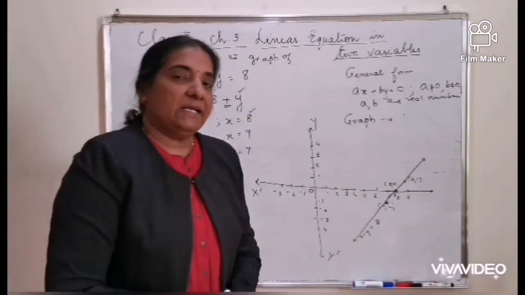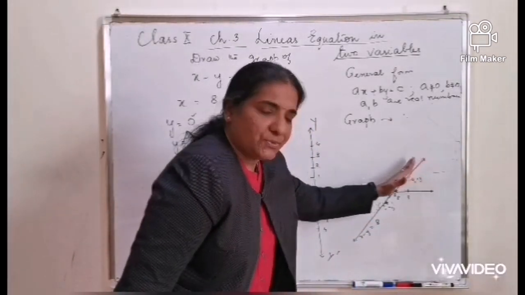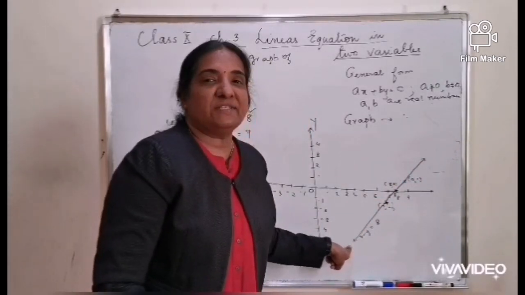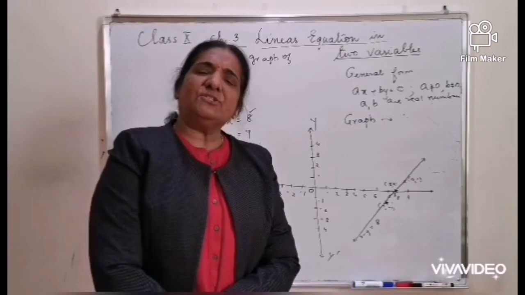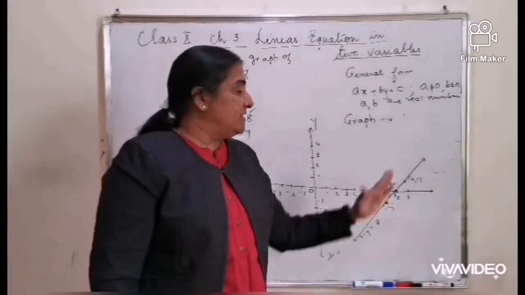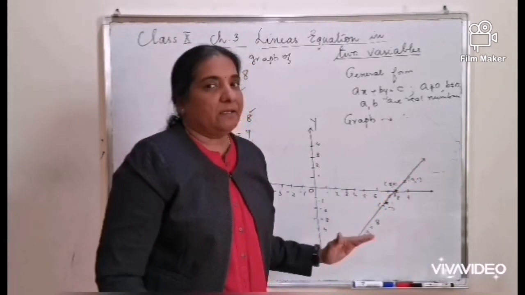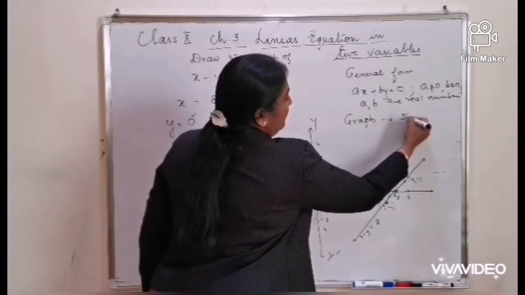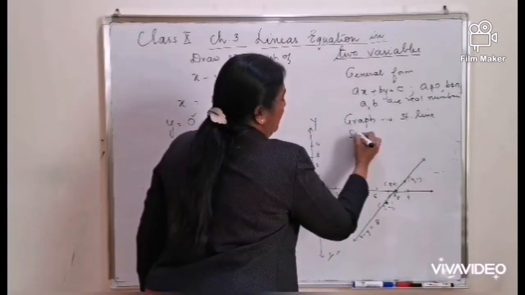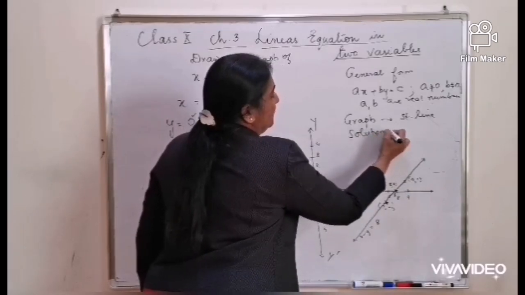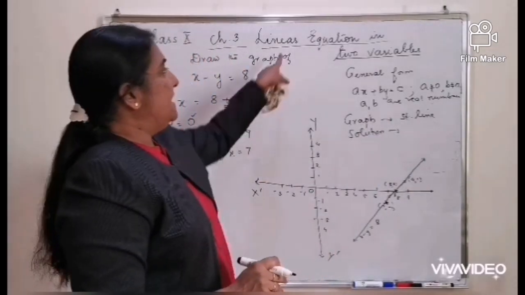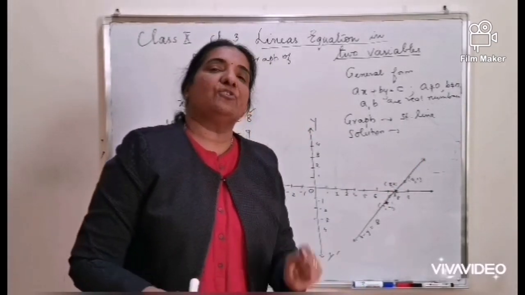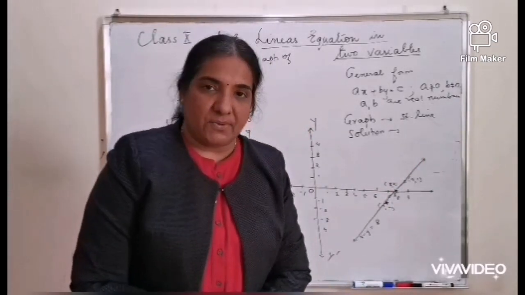You can see that the straight line passes through many points in the graph, which proves that there are many solutions for this particular line. Thus, what is the meaning of the solution of a linear equation?